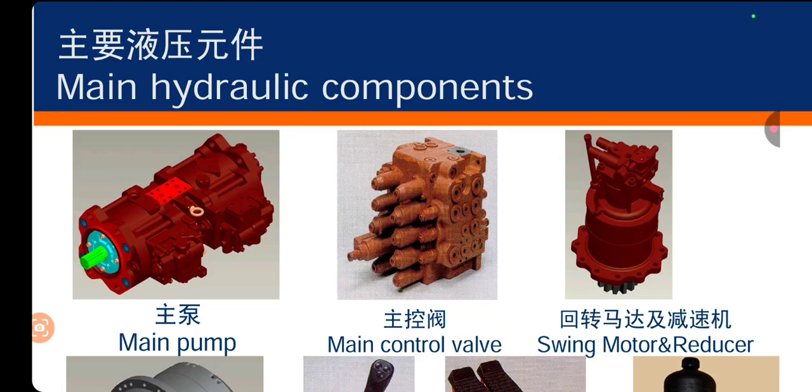The main pump will send the oil into the control valve assembly for operating the actuators. But the charging pump or the auxiliary pump will send the oil towards the control valve, not within the spool but on the side of the spool for operating the spool.